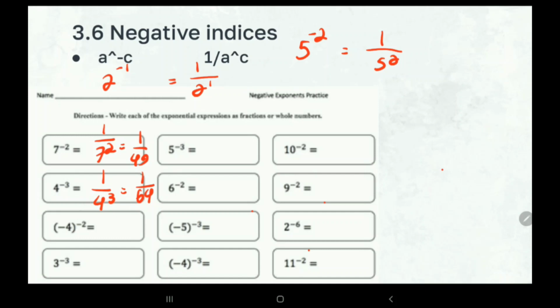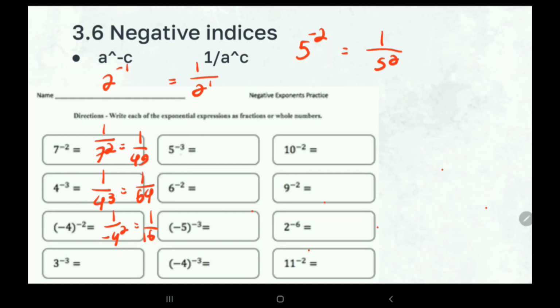In this case, we have negative 4 to the power of negative 2, it means 1 over negative 4 squared, which is the same as 1 over 16.